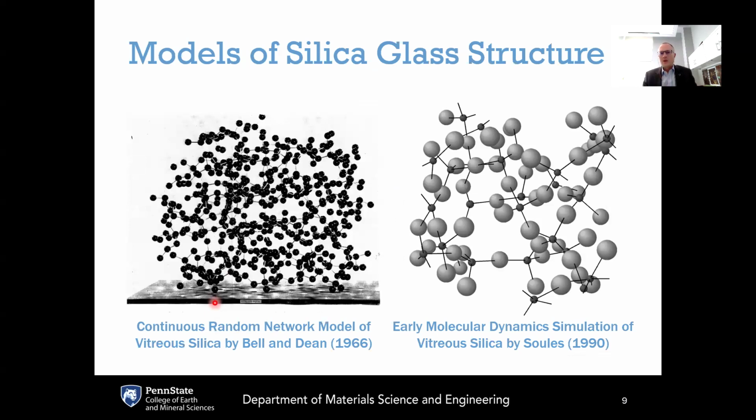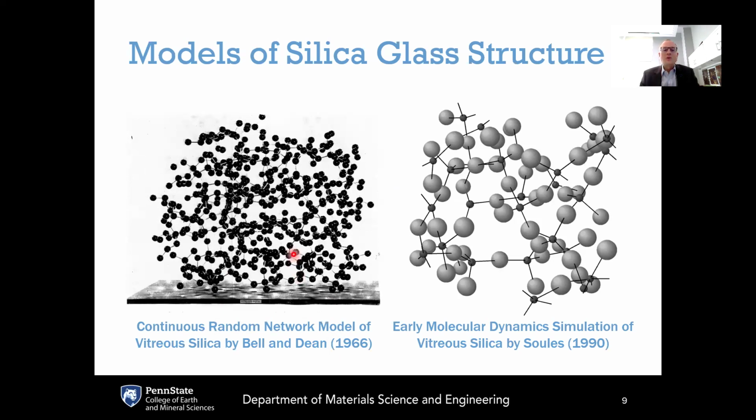Now, some of the early models of silica glass go back to the 1960s. There's a famous model of the continuous random network of silica that was made by Bell and Dean. This is from 1966.